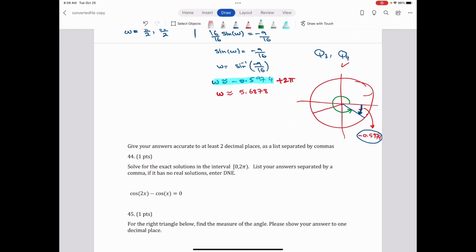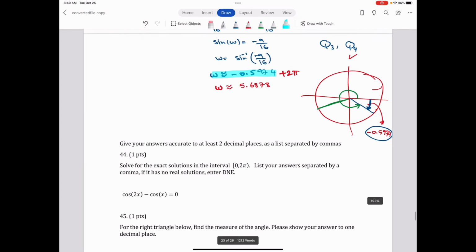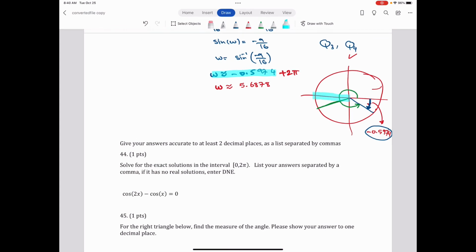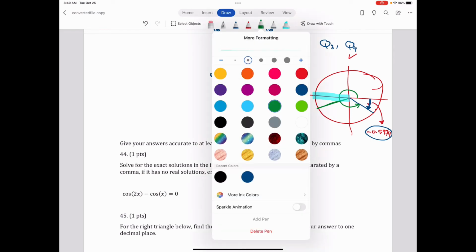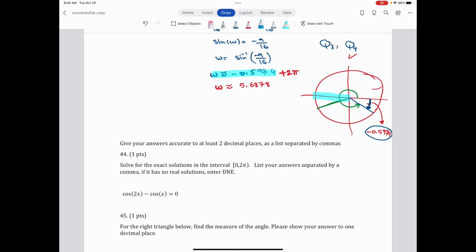Now, to find the other angle in the third quadrant, this is equivalent to pi plus that much, which is this angle, but as a positive angle.